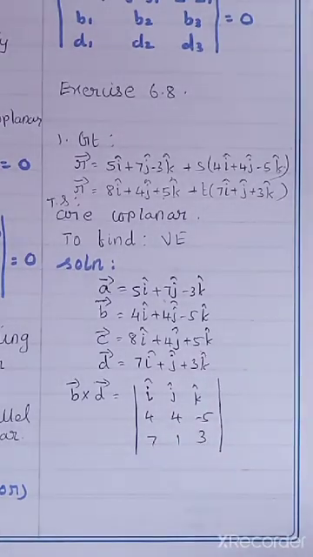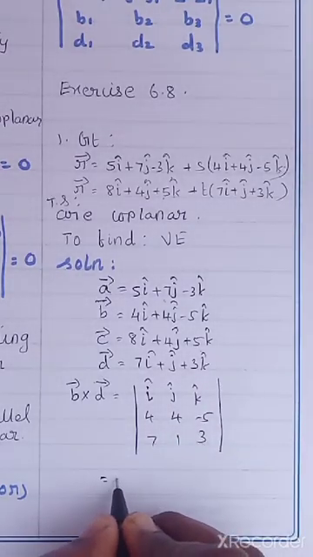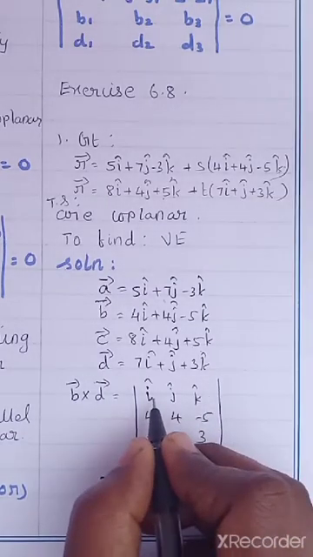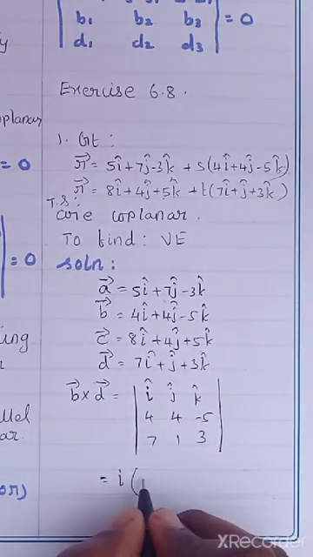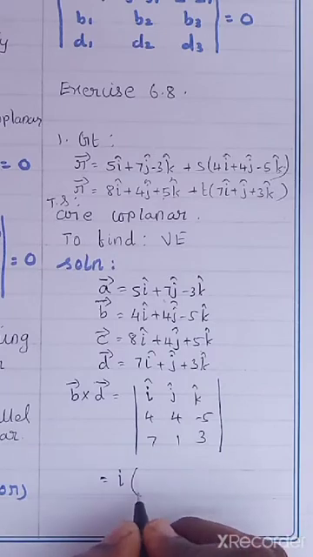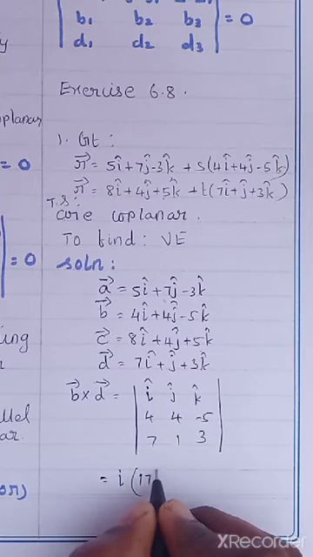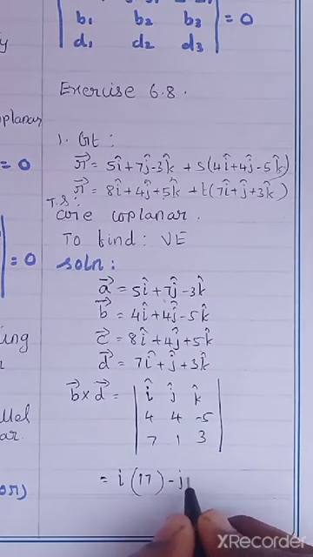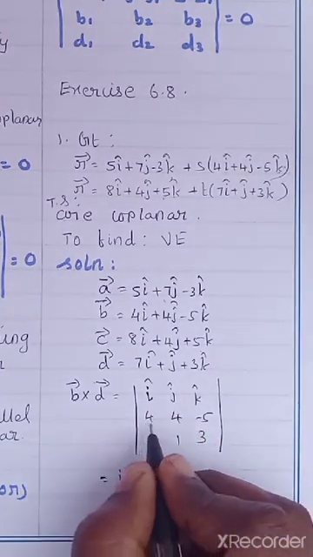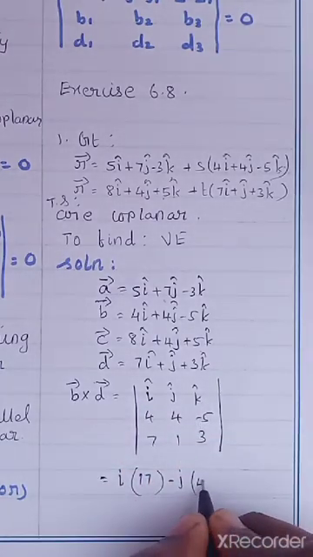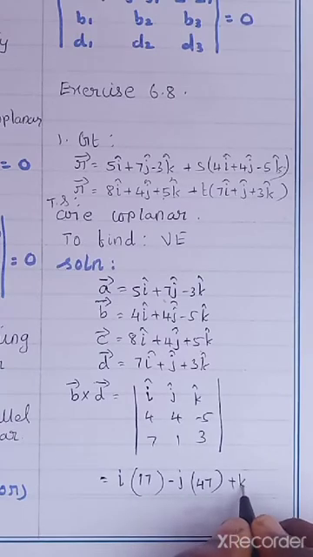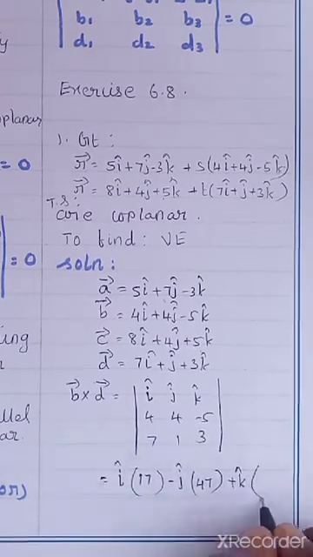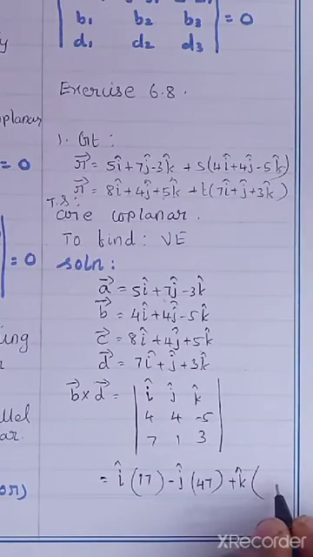Taking the determinant, I'll give you the final answer: i component 17, minus j component 47, plus k component minus 24.